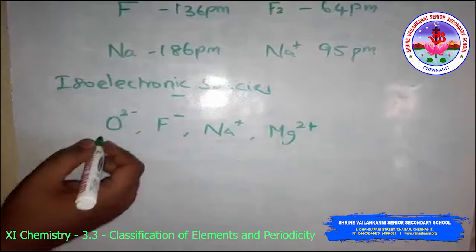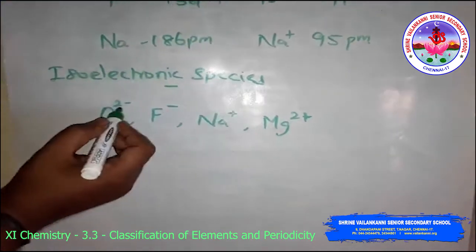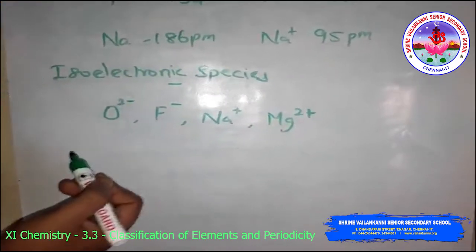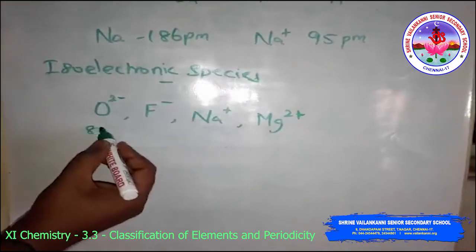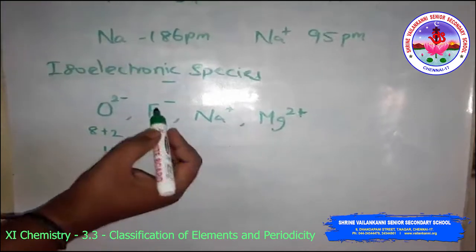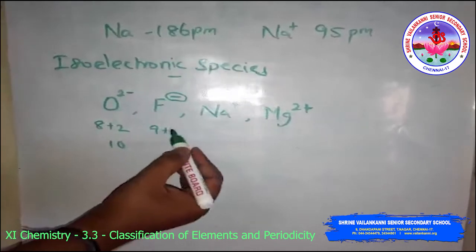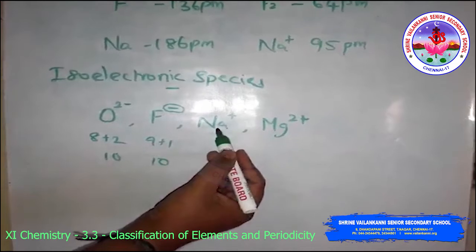Why? Look, what is the atomic number of oxygen? 8. What is the ion here? The anion. Anions mean addition of electrons, so gaining: 8 plus 2, 10. Fluorine's atomic number is 9. What is the charge? Minus 1. So 9 plus 1, 10. Then sodium, atomic number 11.